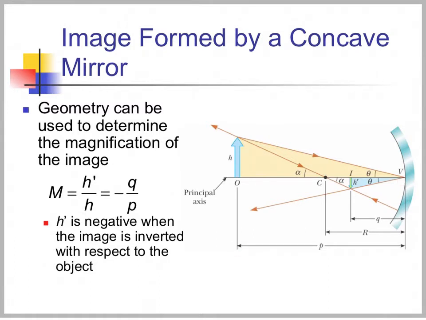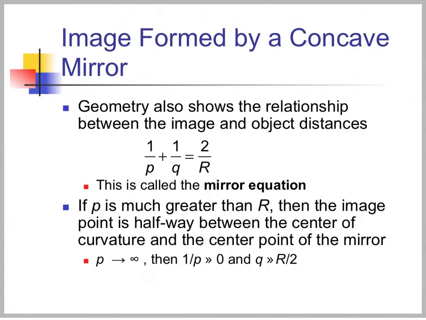Now, h prime is negative when the image is inverted with respect to the object. So in this case, h is upside down from the image, so since it's inverted, h prime, whatever that value is, would be negative.